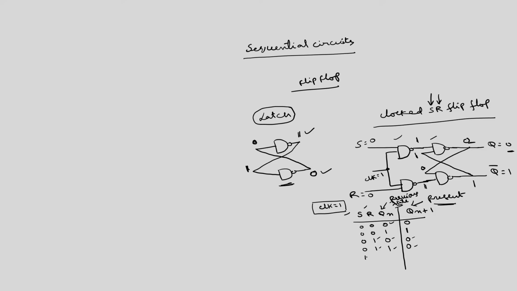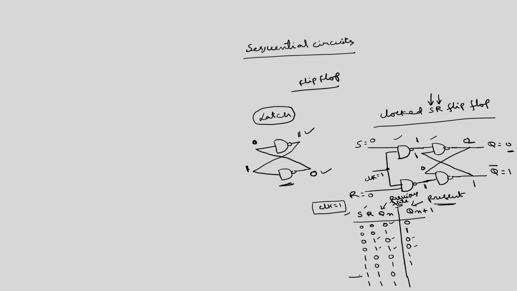Similarly, when the set input is 1, regardless of the previous state, the output will be set, Q is equal to 1. Whereas the drawback of this SR flip flop is that the combination 1 1 is not allowed.